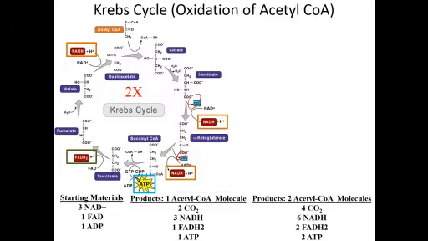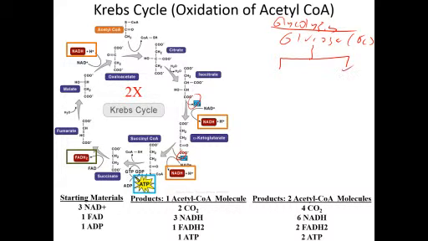During glycolysis, tracking the carbons, we've taken glucose, which is 6 carbons, and we split it into 2 pyruvate molecules. That's 3 carbons, that's 3 carbons. So we haven't lost any carbons yet. In glycolysis, we still have the 6 original carbons in glucose.